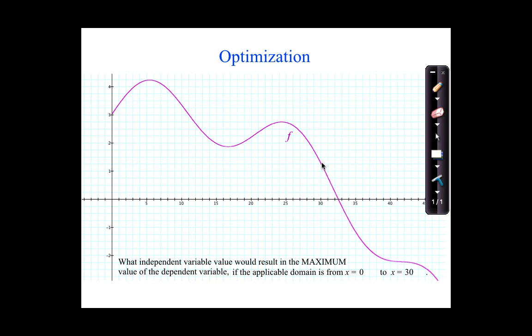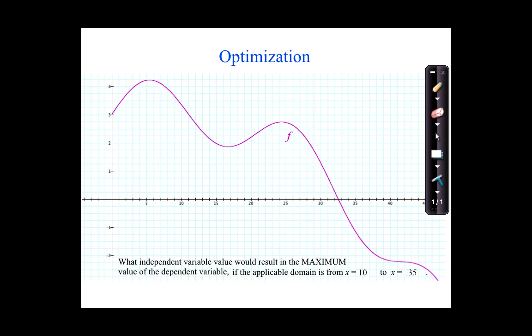If I had a different domain though, although this is certainly the largest y value in the picture that I see here, if I'm not including this 5 or 6 value as a part of the domain, it can't be an answer to that question.